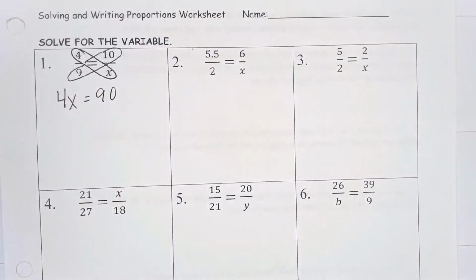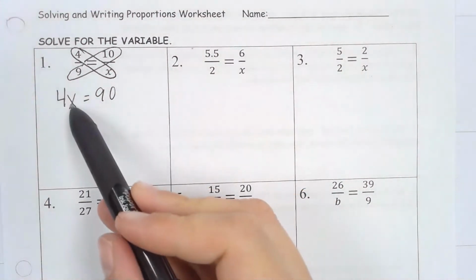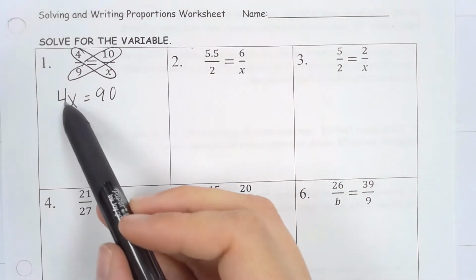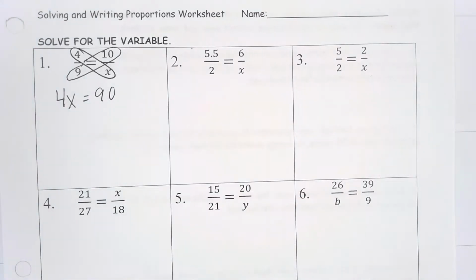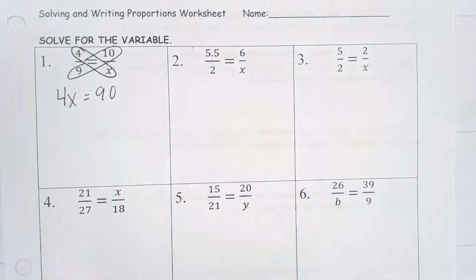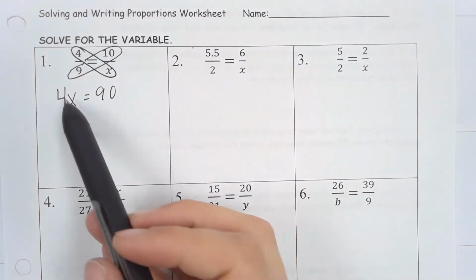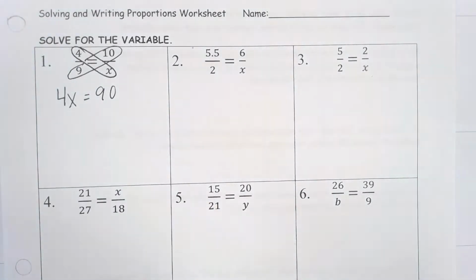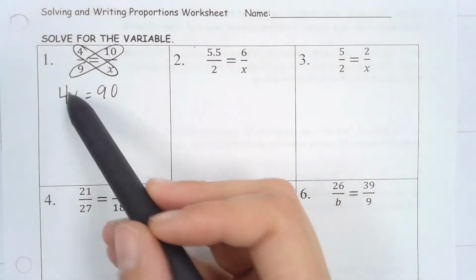Now remember, with a one-step equation, we're trying to get x by itself, which means we need to move this 4 over to the other side. And to move it over to the other side of the equal sign, we use what's called inverse operations. So you have to do the opposite of whatever operation is happening right now.